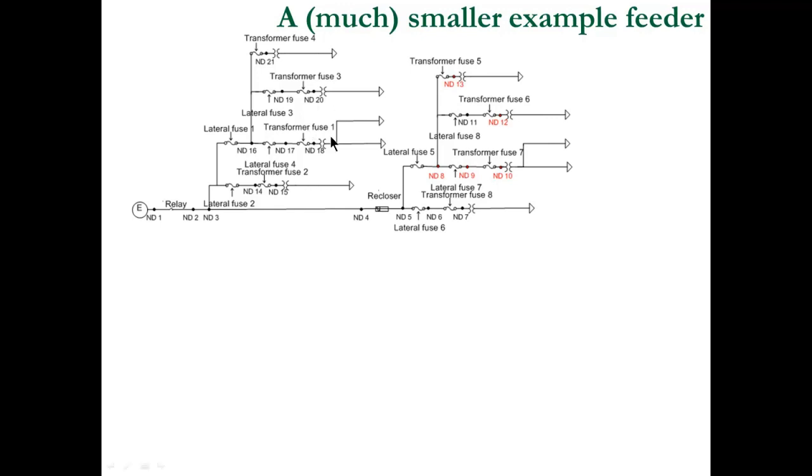So this example feeder has one substation relay, and just one recloser. Multiple lateral fuses, both upstream and downstream of the recloser, and multiple transformer primary fuses, okay? And of course all the loads.